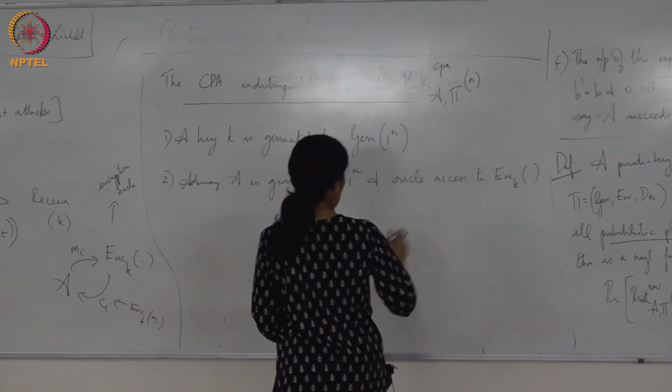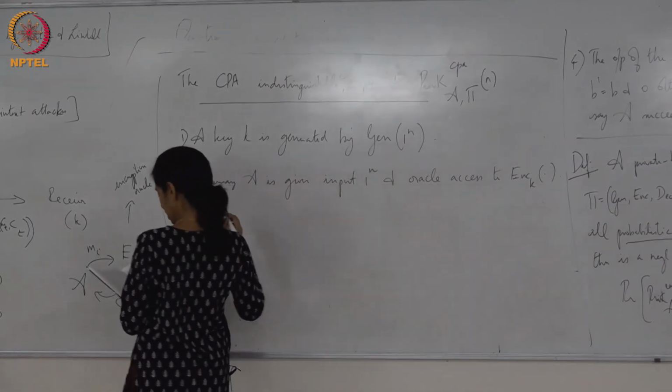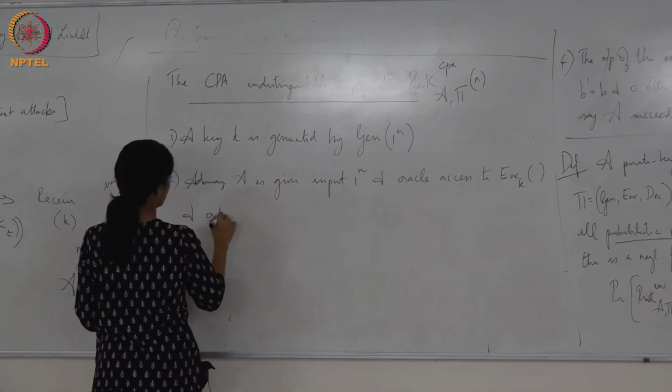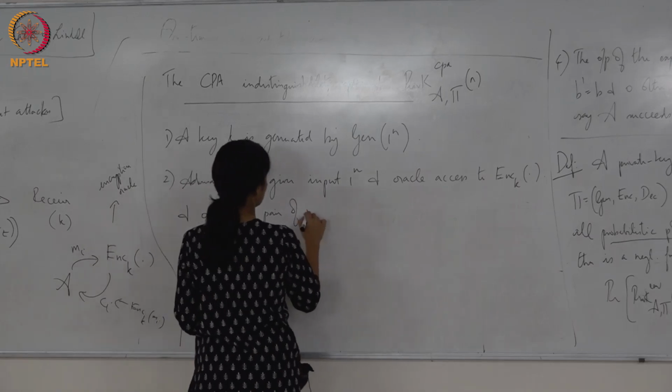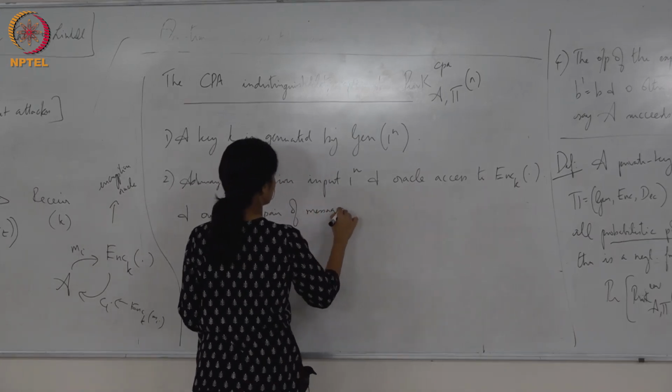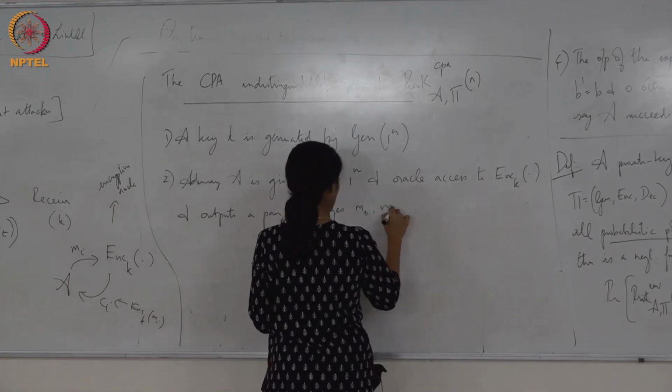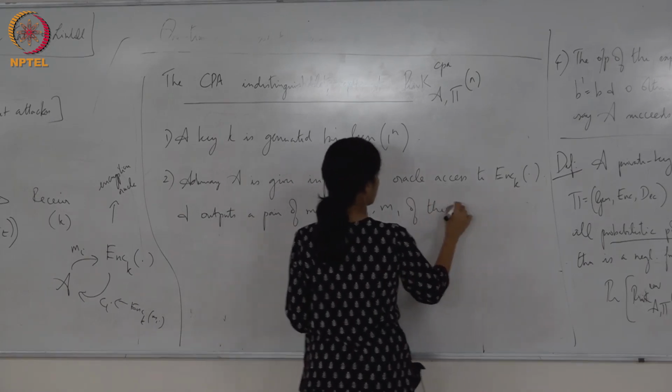Okay, so now after oracle access to the encryption oracle, A outputs a pair of messages M0, M1 of the same length.